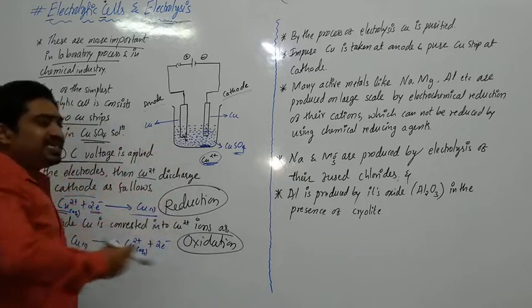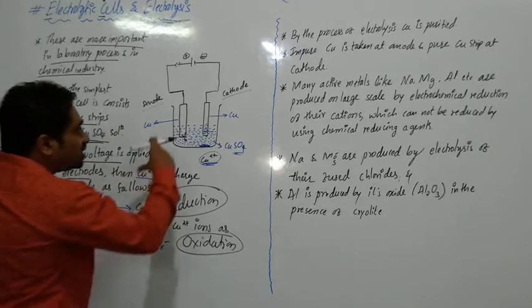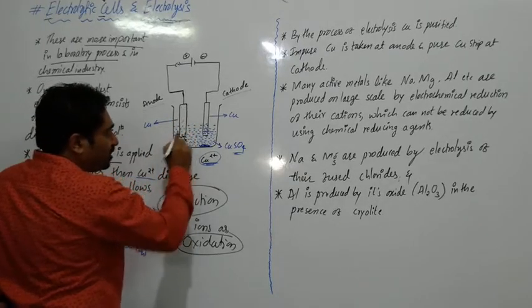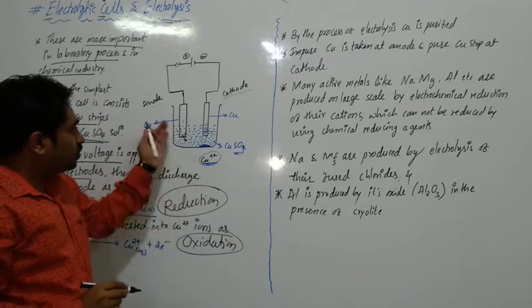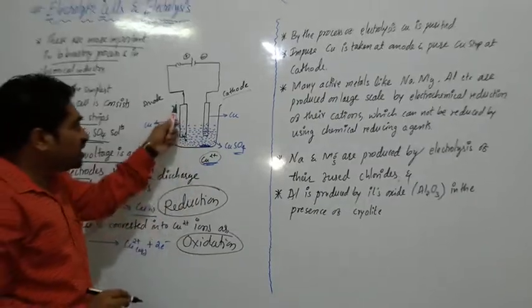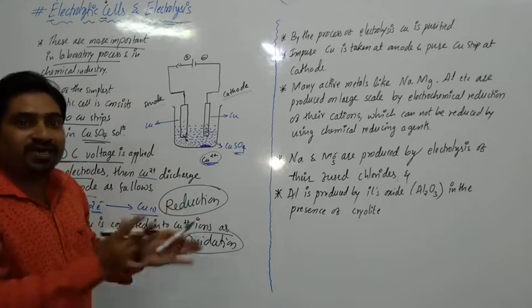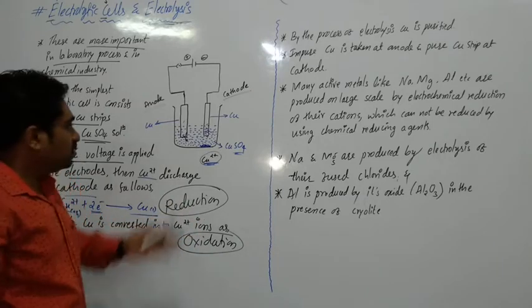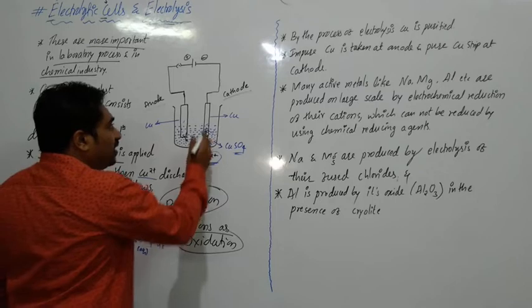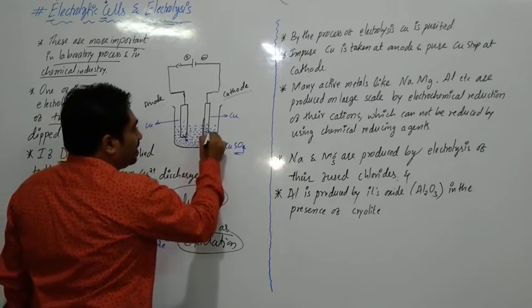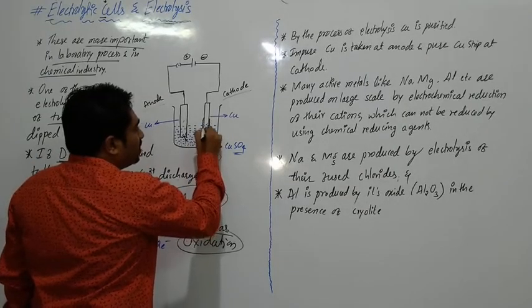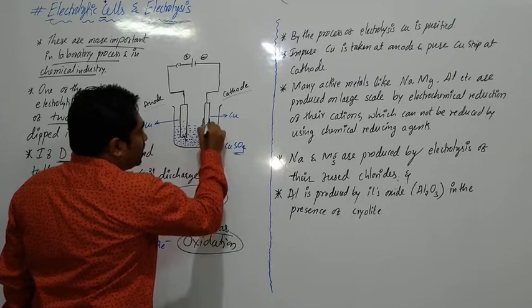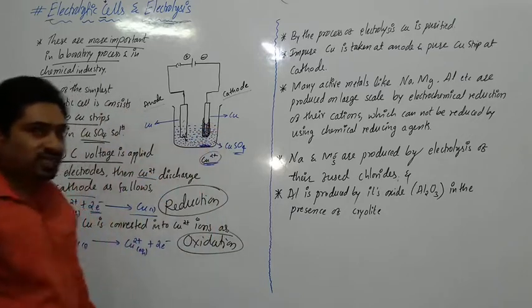As time lapses, this electrode goes on dissolving because atoms are converting into ions, so its mass goes on decreasing. And the mass of this other electrode increases, because copper atoms are deposited on it.